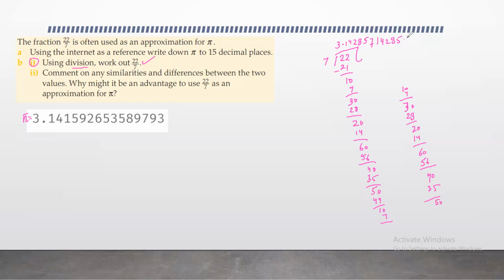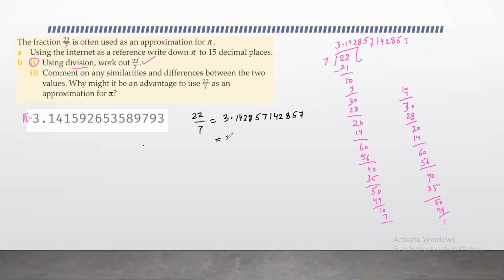So 7 sevens are 49, and then again 1, and again it will repeat 1 4 2 8 5 7 1 4 2 8 5 7. If you check the answer carefully, 22 over 7 gives me 3.142857, and again 1 4 2 8 5 7.